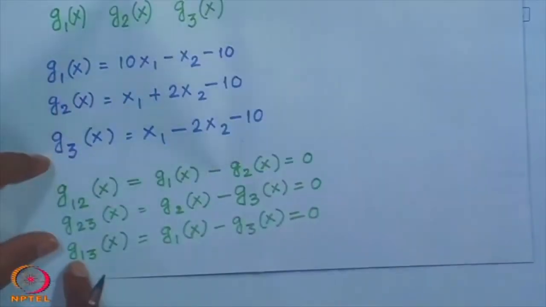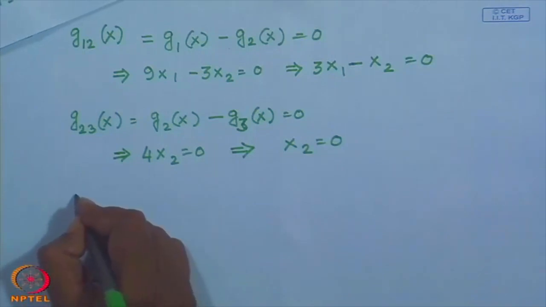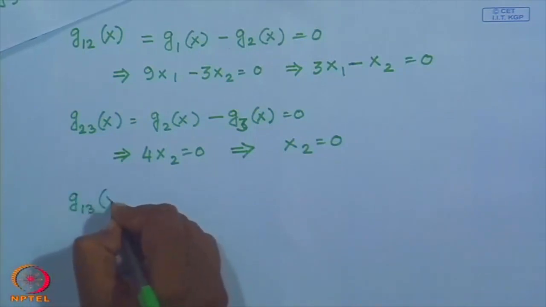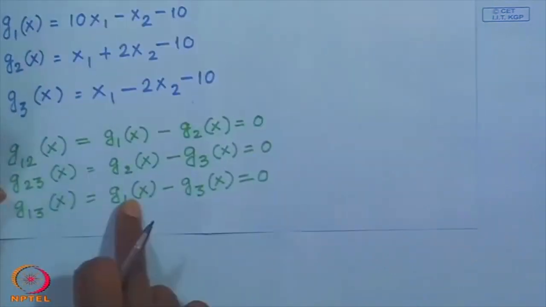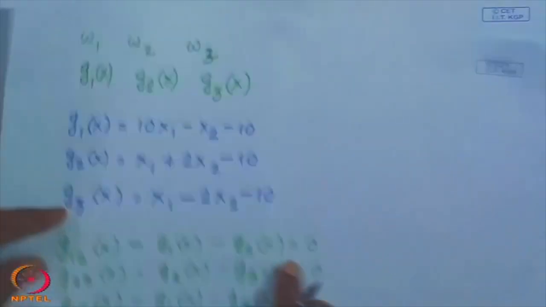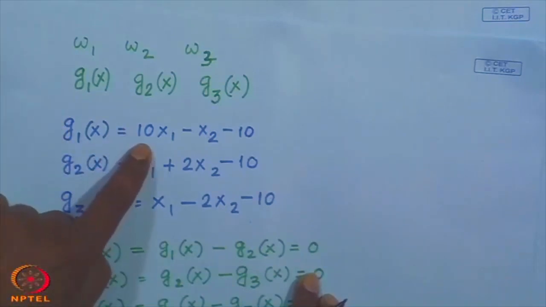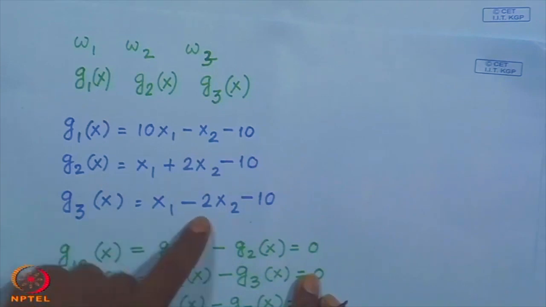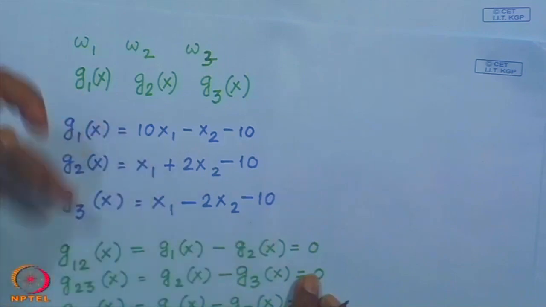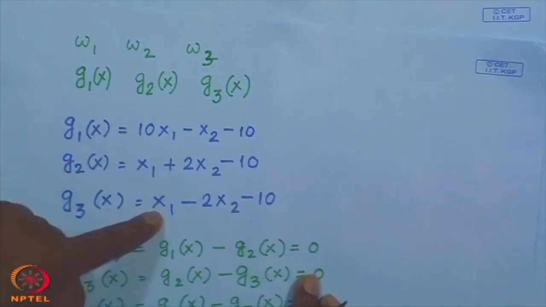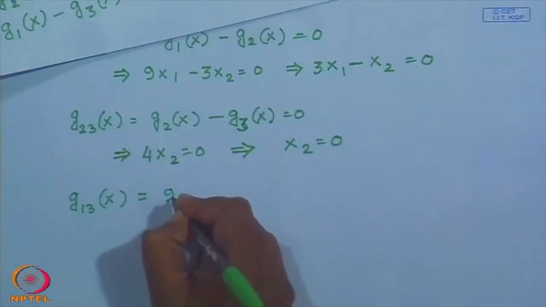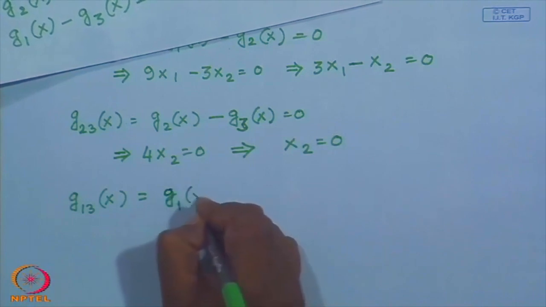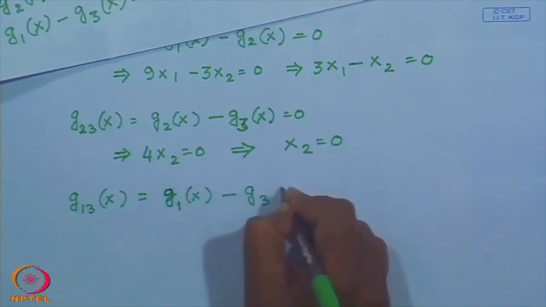Similarly, when I compute g13x, which is g1x minus g3x, with g1x being 10x1 minus x2 minus 10, and g3x being x1 minus 2x2 minus 10, when I subtract, what I get is 9x1 minus x2.